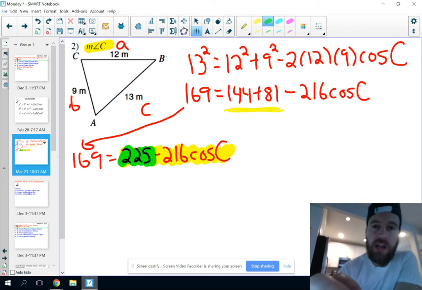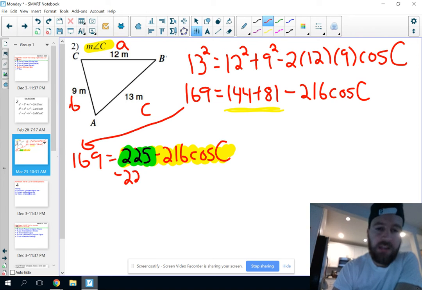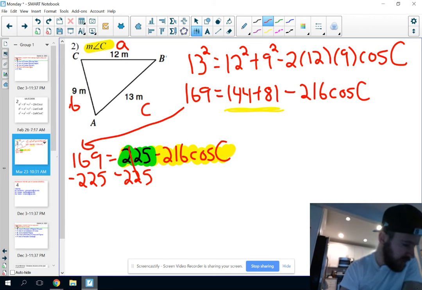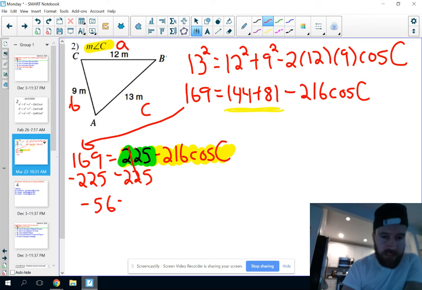So instead of subtracting those, what we're going to look to do is combine the constants on the left side and the right side. So we're just going to subtract 225 instead from each side. That cancels out. So 169 minus 225 leaves us with negative 56 equals negative 216 times the cosine of C.